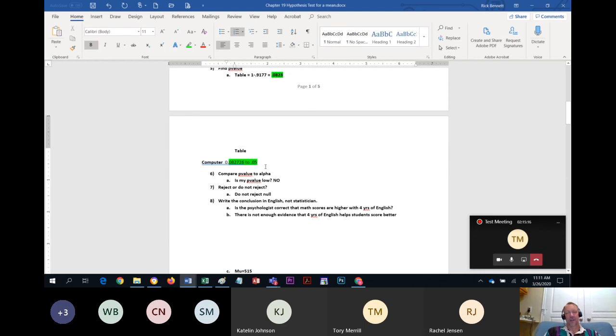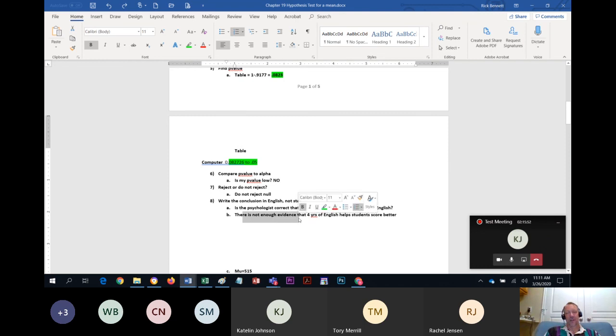It's pretty close to 5%, right? If we had gotten 0.0426, whatever, would there be enough evidence? Yes, there would be enough evidence. So Tori's statement was a little bit strong. It's not that the psychologist is incorrect. We don't have enough evidence.